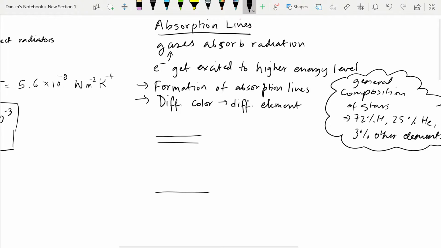This is the lowest energy level for electrons, and these are the higher ones. Electrons are present basically like this.